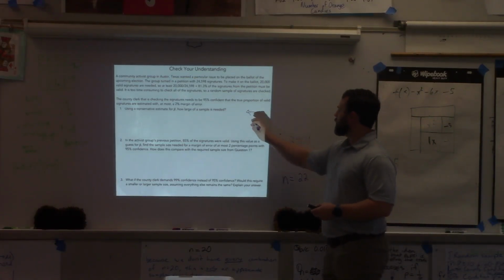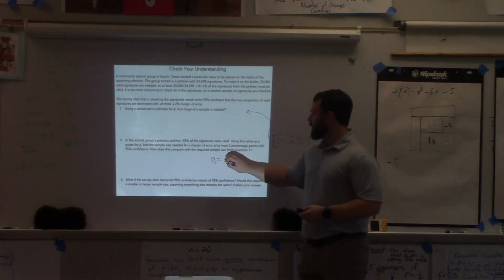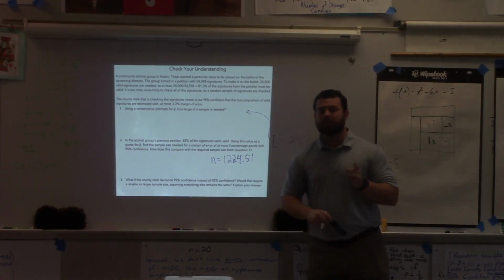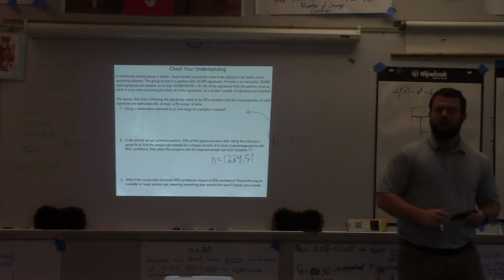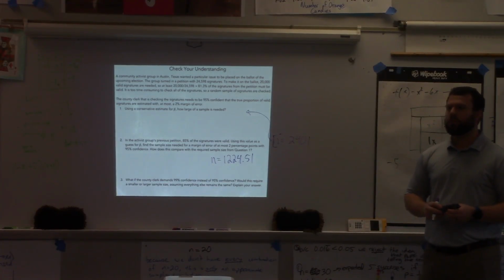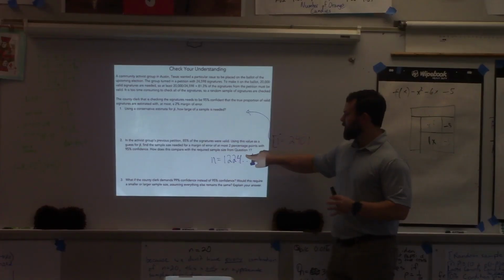2401 is up here. Got it. This N was 1225, is that what you said? Okay. Now, it is important to recognize what would be the minimum sample size you would actually have to use? 1225. It depends on how you did the calculations.